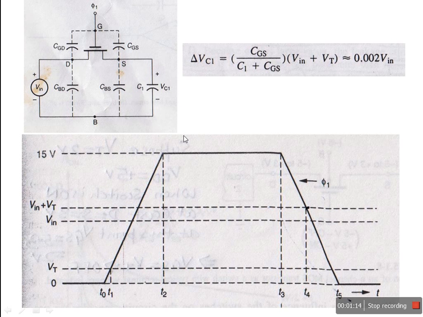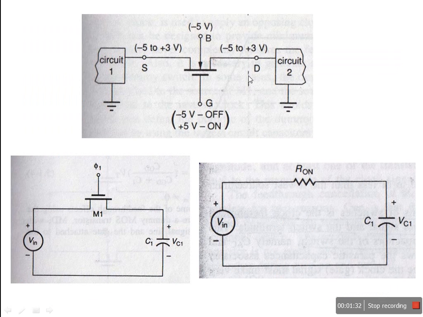So when the voltage at gate or the control voltage reaches V in plus VT, the switch will turn off. Can you tell why? We have seen this effect here, like the transistor was switched off when VGS reached control voltage minus VT.